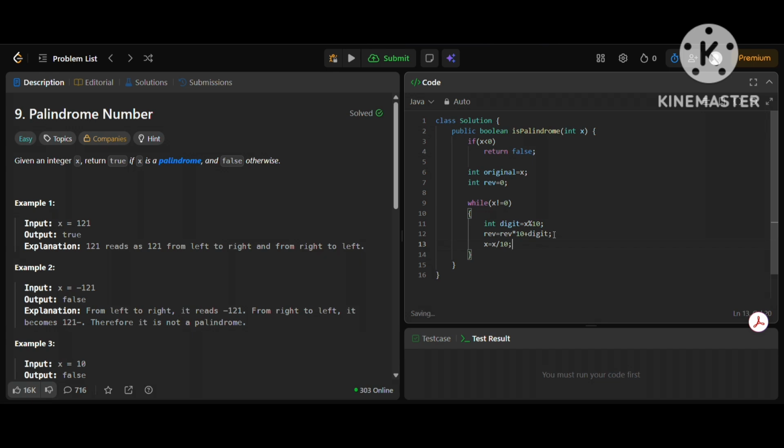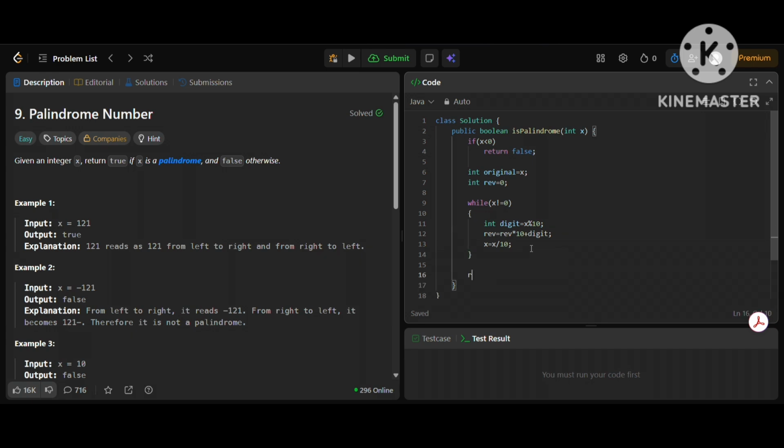That is considering a number by deleting the last digit. So when you divide it by 10, we'll be left with 12. But when we use the percentage symbol 10, that is the last digit that is left. So that is the difference. We'll be looking into that in tracing.